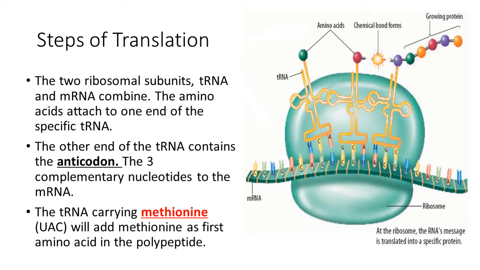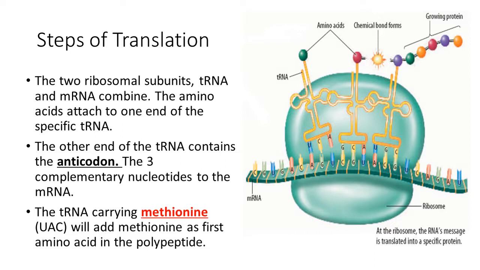The tRNA, which carries the green amino acid and anticodon UCA, landed on the codon AGU with its specific amino acid, which is methionine.